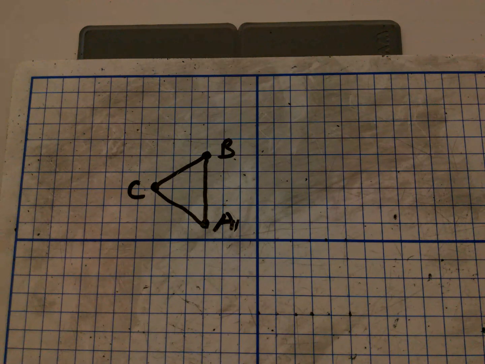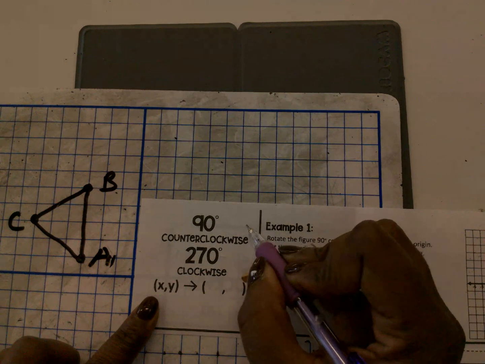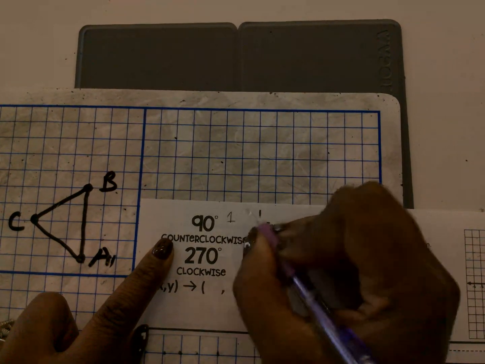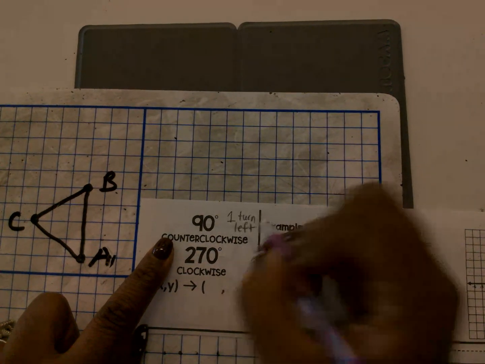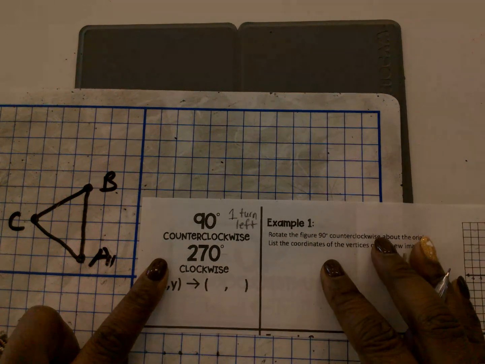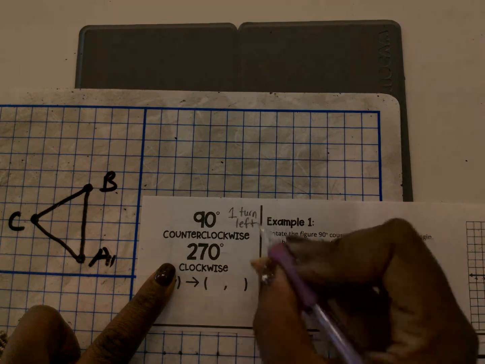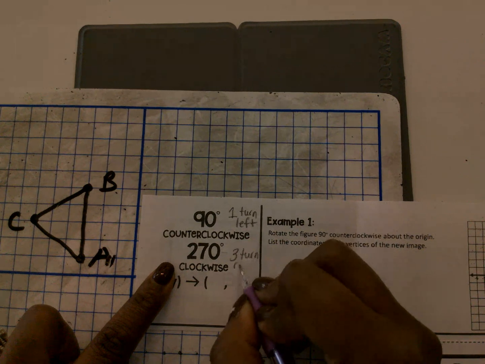All right, so now we're going to prove that a 90-degree counterclockwise, which is actually one turn to the left, is the same as a 270 clockwise, which is 3 turns to the right.